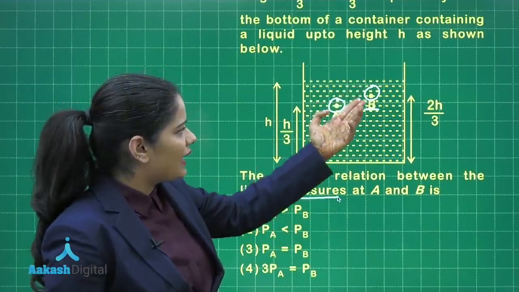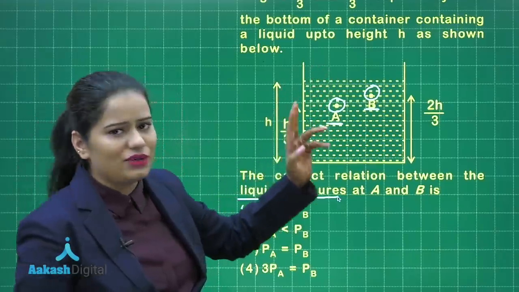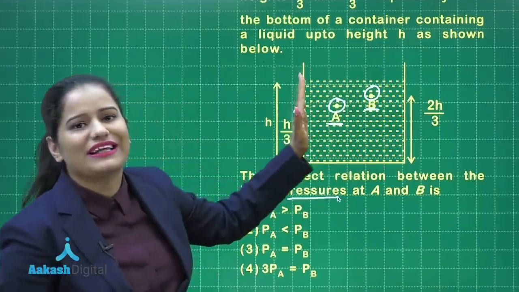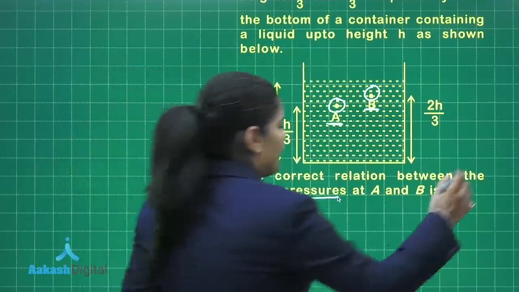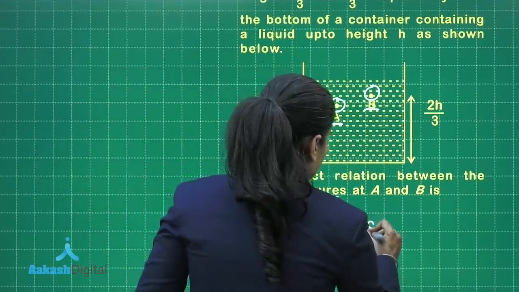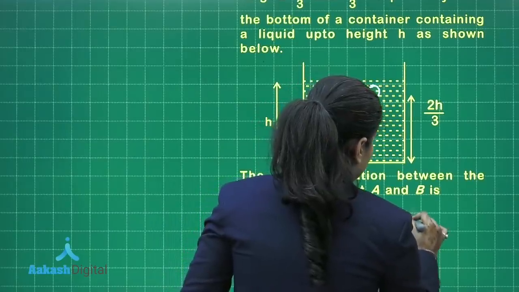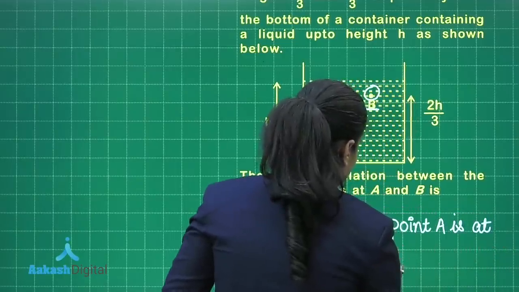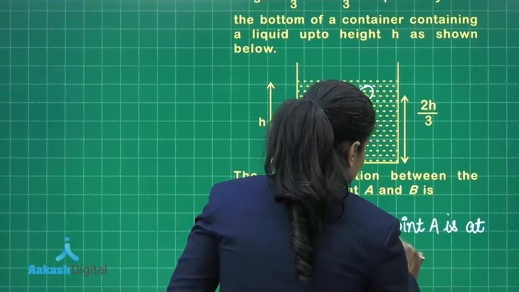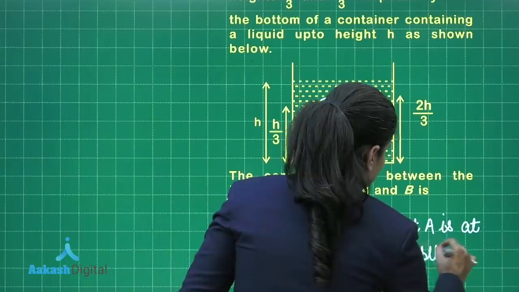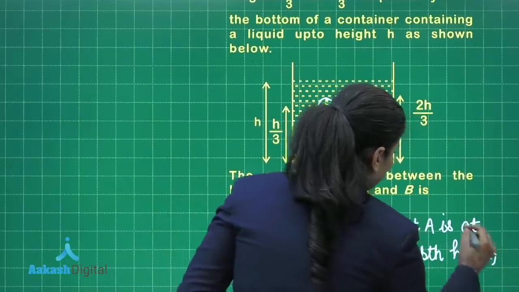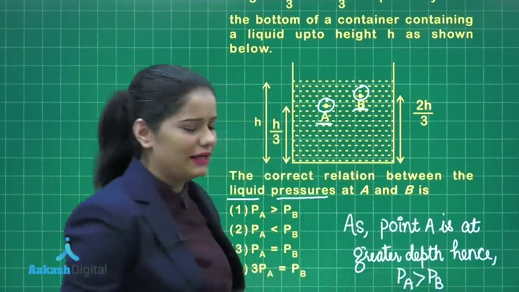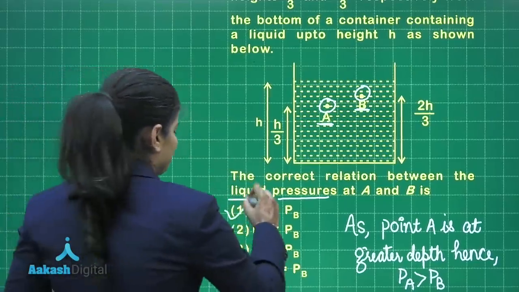And if you just compare the depth of this point B and A, you can clearly see here in the figure that A is at the greater depth as compared to B, and hence the pressure at A is going to be more than the pressure at B. So I can write here, point A is at greater depth out of point A and B, and hence pressure at A should be greater than pressure at B. So you can clearly see here that option number 1 is the correct option.